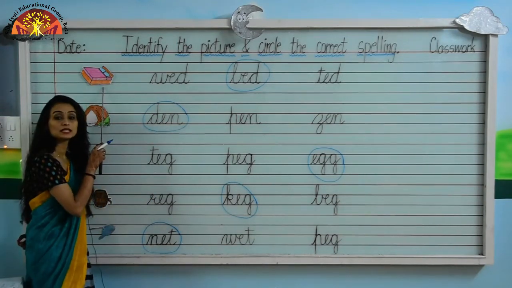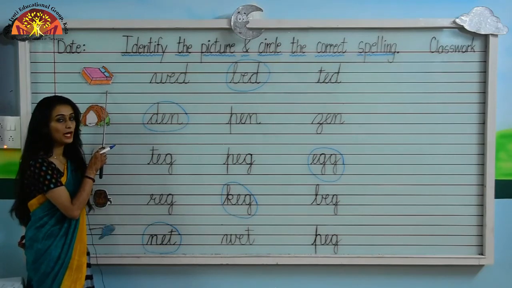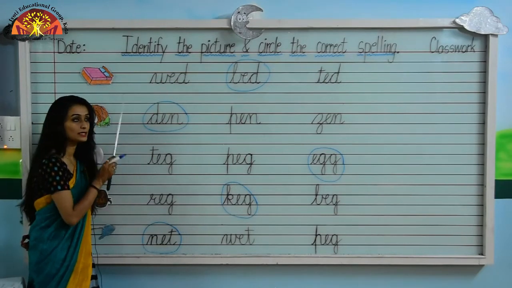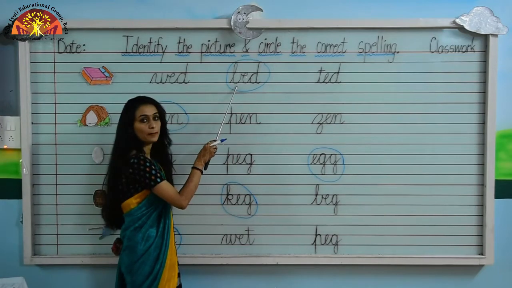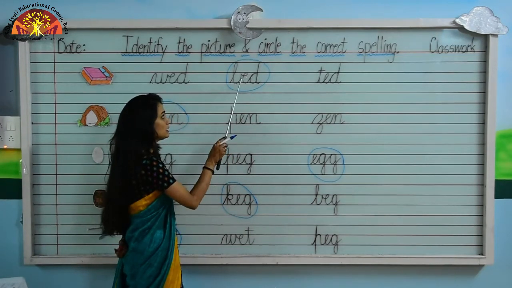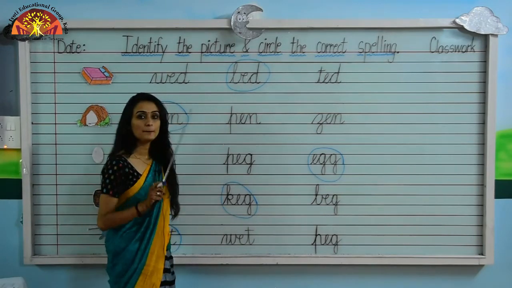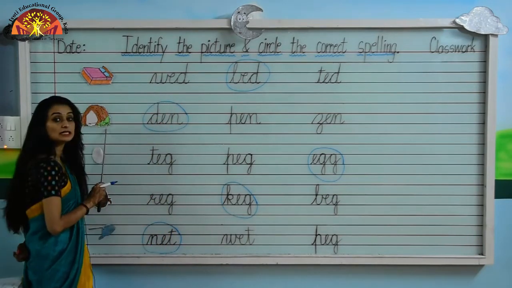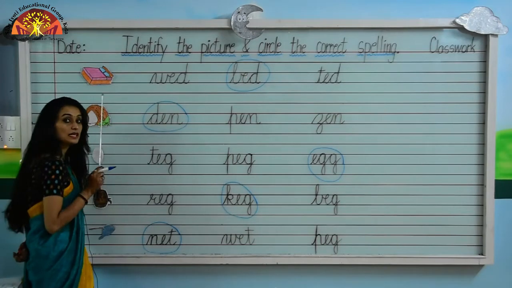What is this? Yes, this is bed. And the spelling of bed is B-E-D. Bed. This is den.